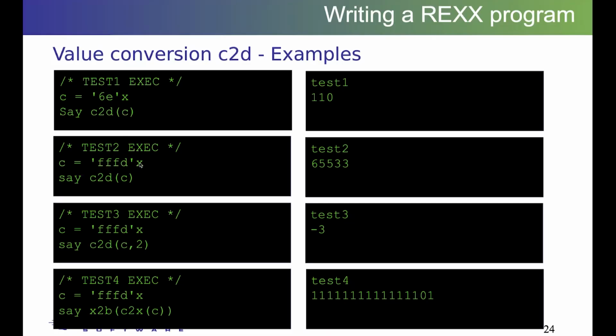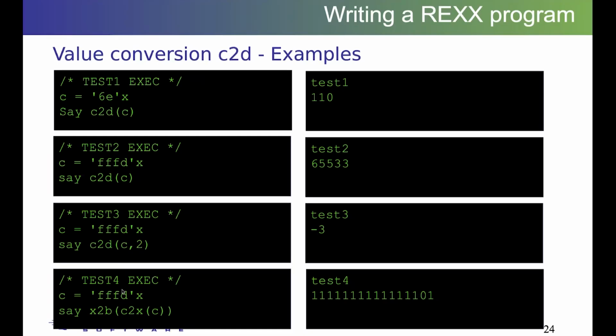If you want to treat a value as signed, you have to tell the C2D function how big the field is to include the sign, basically. So with our FFFD again, if we tell C2D that it's actually a 2 byte field, that tells REXX that it's a signed value, and it comes up with -3, which is exactly what we would expect.